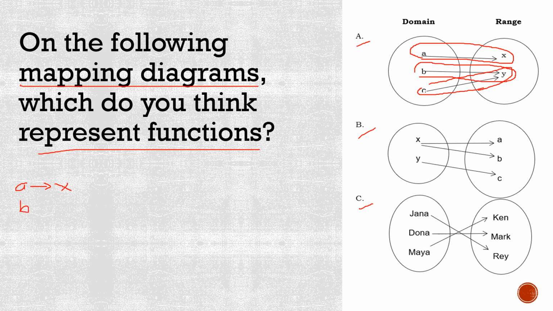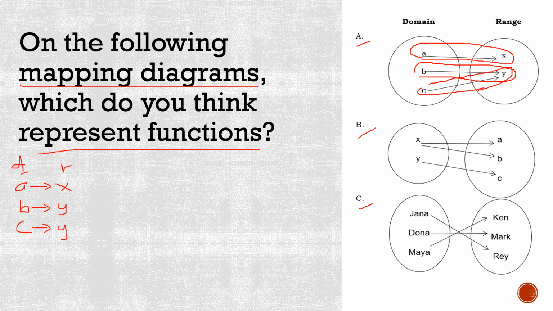Your B can provide you a Y value. And your C can provide you a Y value. So this will be your domain and this will be your range.